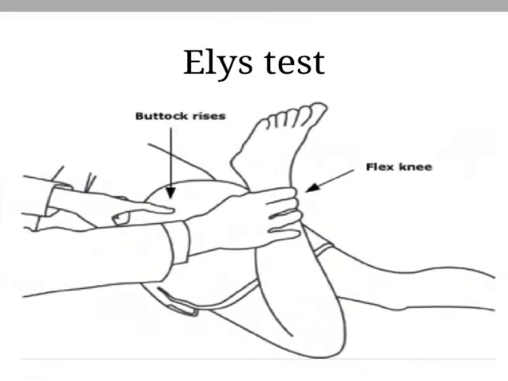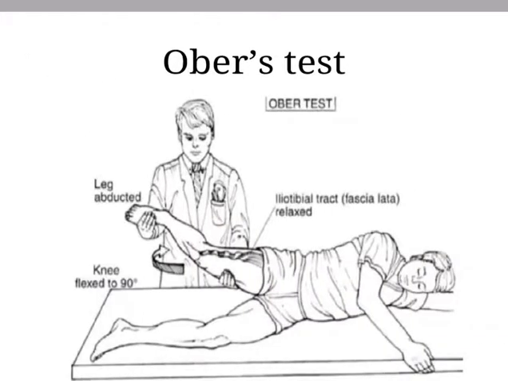Then you go for the next one, the Ely's test. The patient lies in the prone position and the affected knee is fully flexed. If the buttock is lifted, then it indicates rectus femoris contracture or tightness. Then you go for the Ober test.